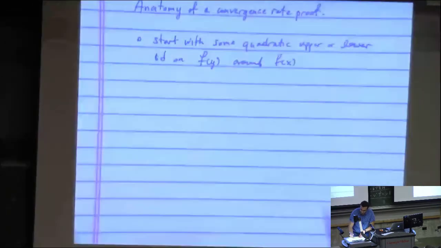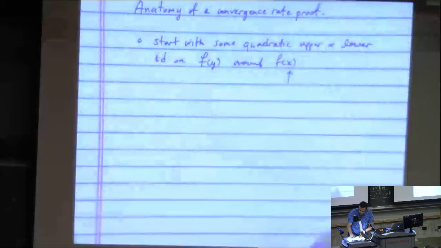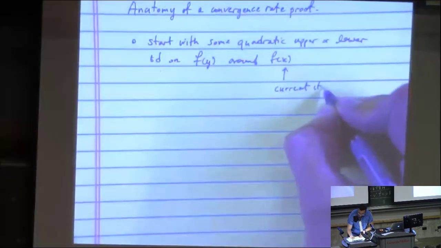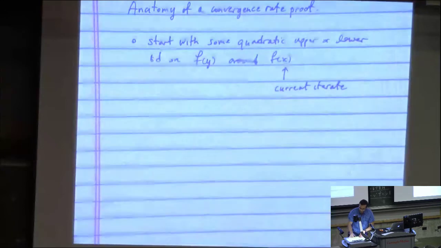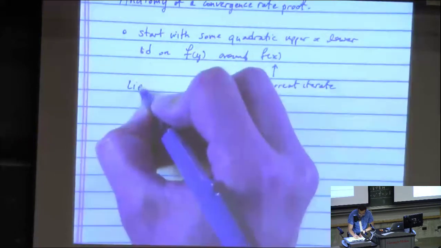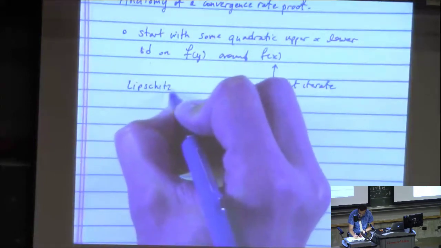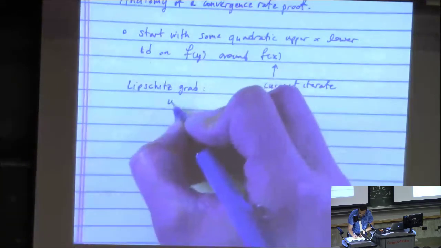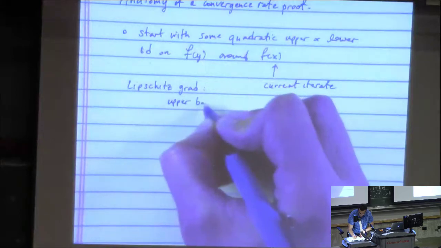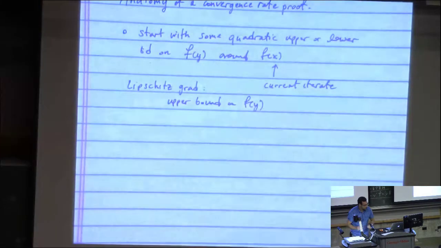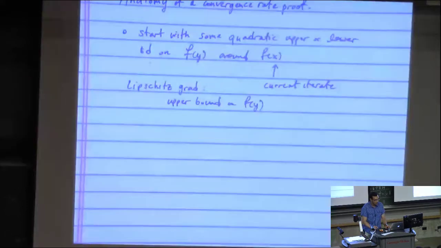Let's suppose that x is the current point that we're looking at, the current iterate. So we usually start by saying that, for example, if we have a Lipschitz gradient, then we get an upper bound on f of y.